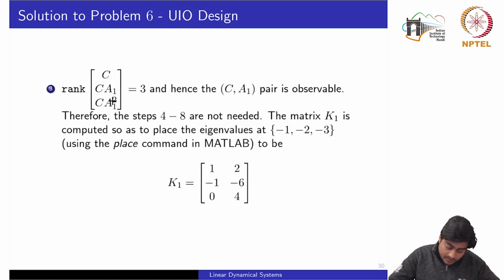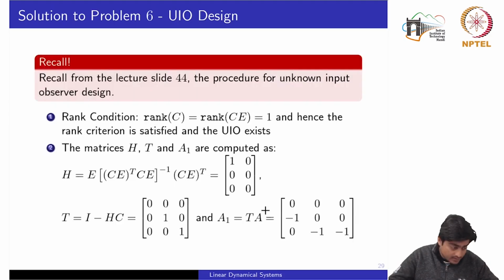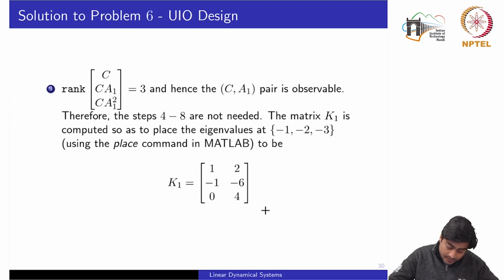In the third step we need to investigate the observability of the pair (C, A1), where A1 we had computed in the second step. Here we see that this pair is observable, so we do not actually need to go through steps 4 to 8, because in those steps we discussed how to compute the matrix K1 if the pair is only detectable.